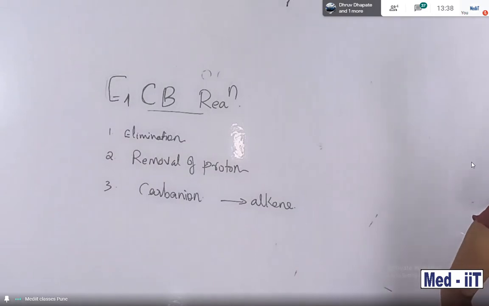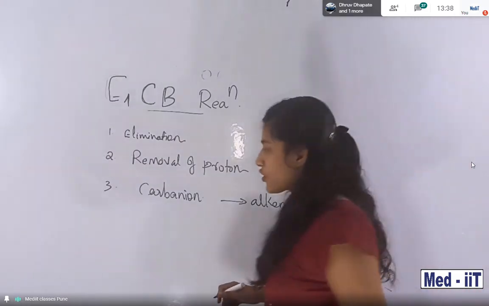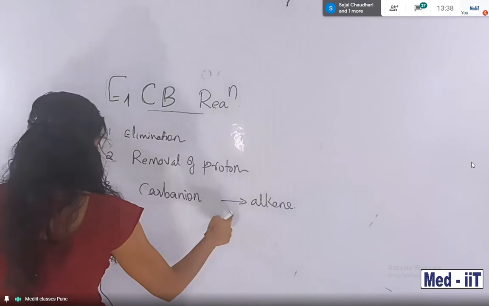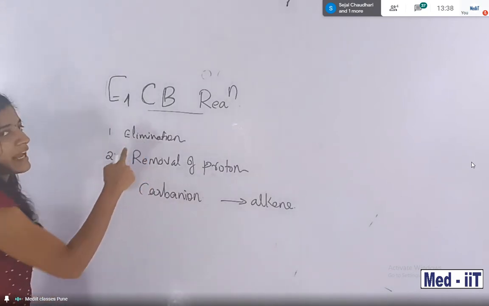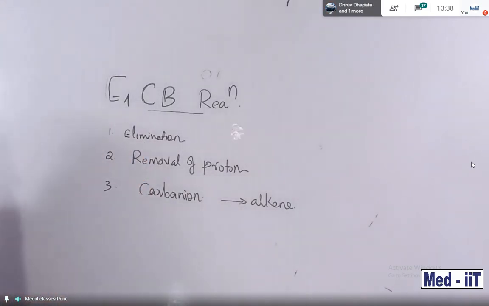So, carbanion and alkene, with removal of proton. This is a type of elimination reaction. Okay? E1CB, conjugate base elimination reaction.